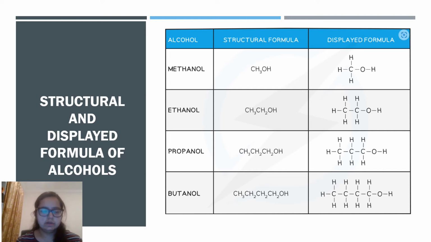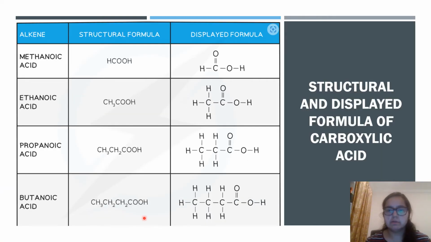Next is carboxylic acids. Carboxylic acids have the functional group COOH. So in a displayed formula, when you are given this structure, you can say that this is a carboxylic acid because it has a COOH, which is the functional group.